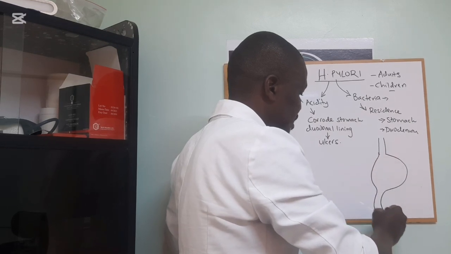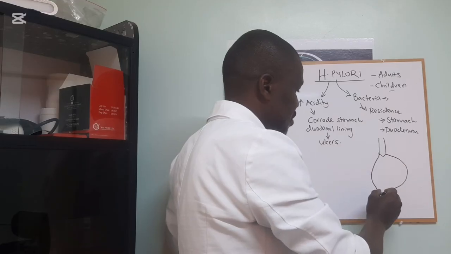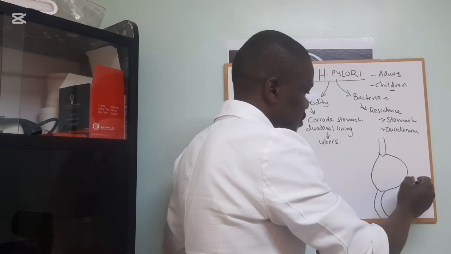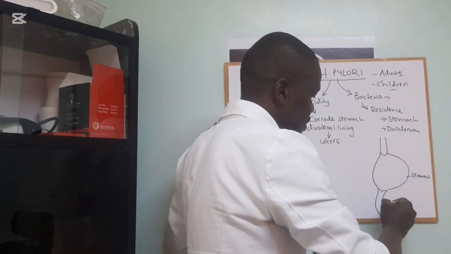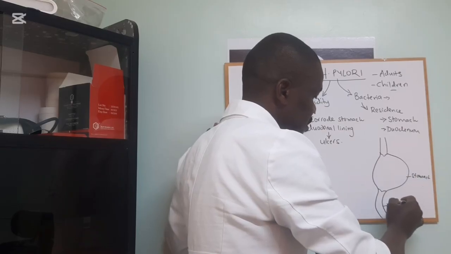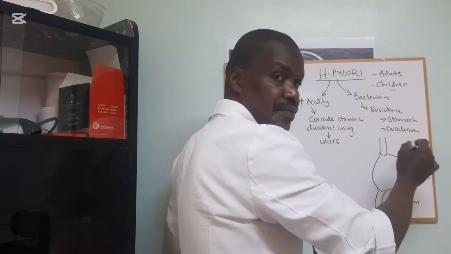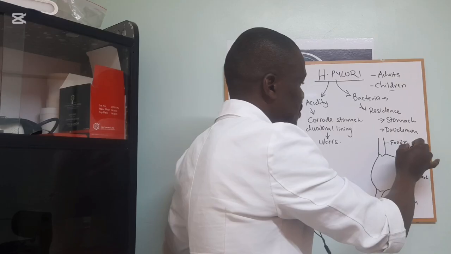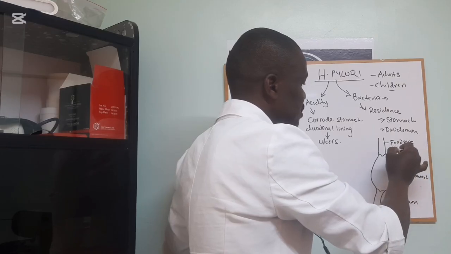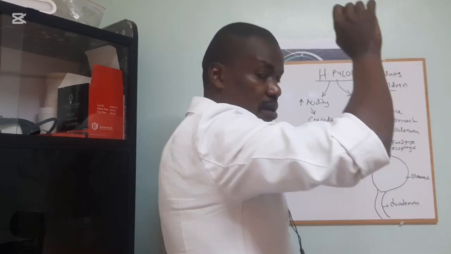You have a valve here and a valve here. This is the stomach. This first part of the intestine is called the duodenum. And this is the food pipe, otherwise known as esophagus. Okay?